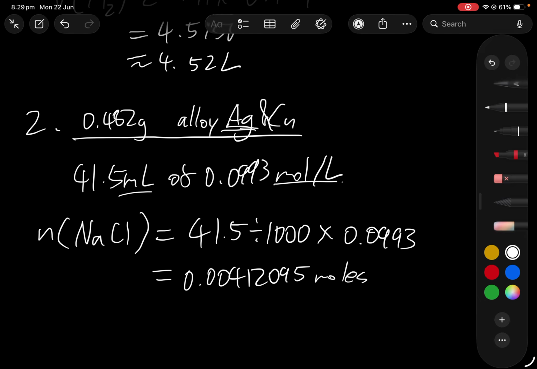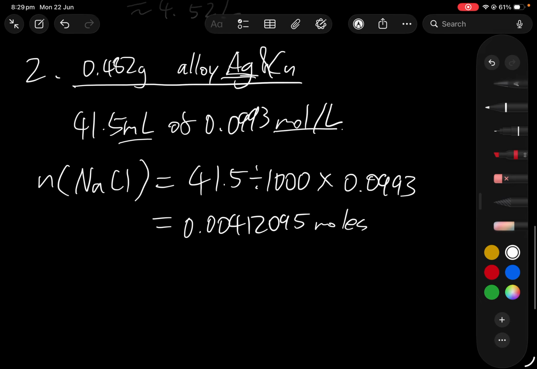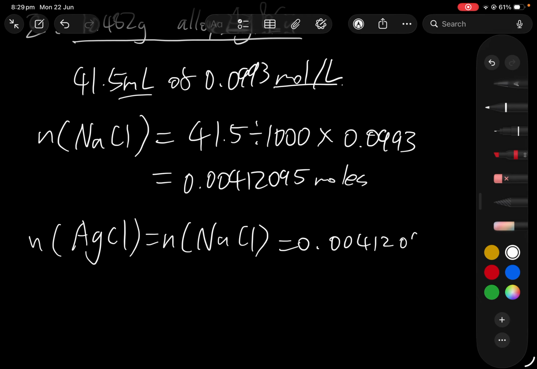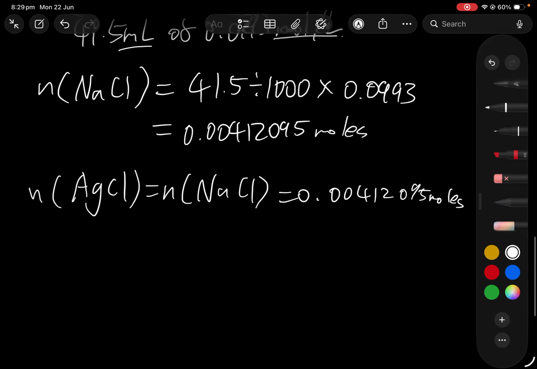Because we know the number of moles of sodium chloride, and it says complete precipitation of silver ions, silver ions will precipitate with chloride to form silver chloride. The number of moles of silver chloride is equal to the number of moles of NaCl, which equals 0.0041295 moles.